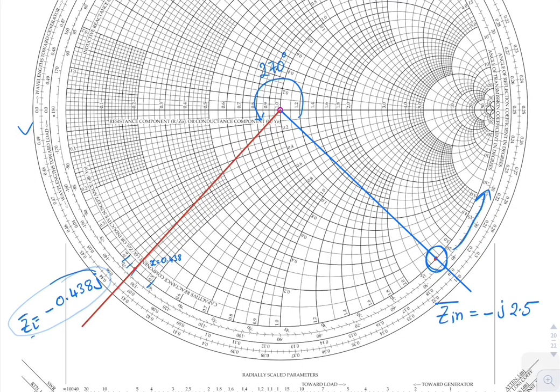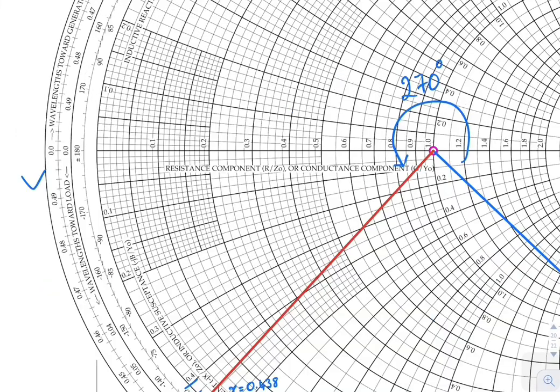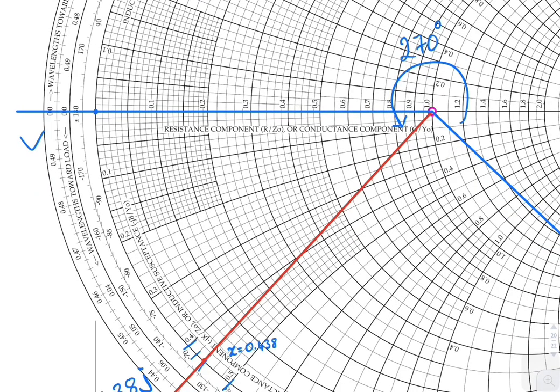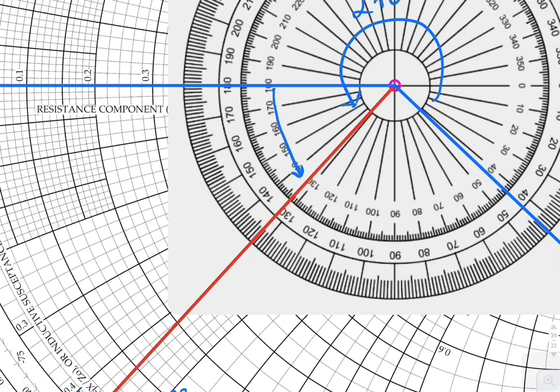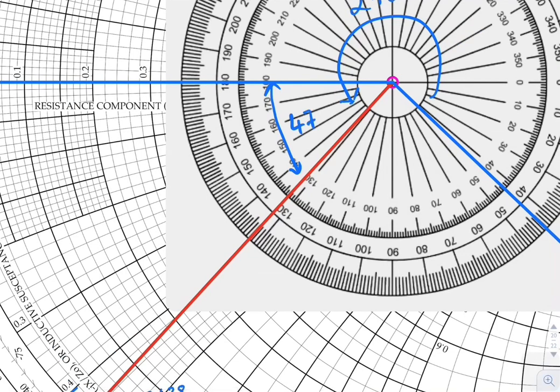The next question is, what is the distance from load to first voltage minimum? This point is the load point. We know that the voltage minimum exists at this point because it is a short circuit point on the Smith chart. Therefore we need this angle, and this angle is 47 degrees. We know lambda corresponds to 720 degrees on the Smith chart. Let us assume this is lambda dash, that is equal to 47 degrees.